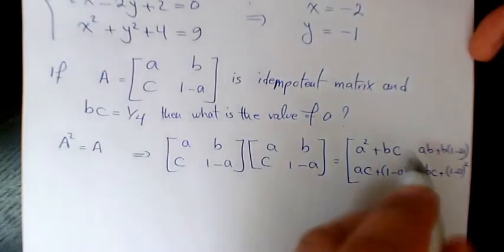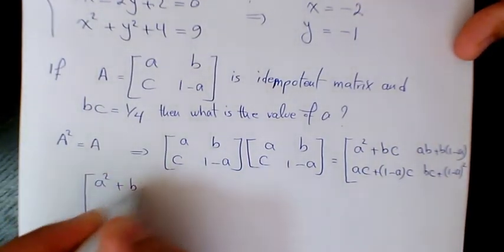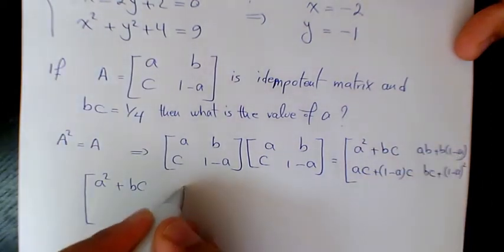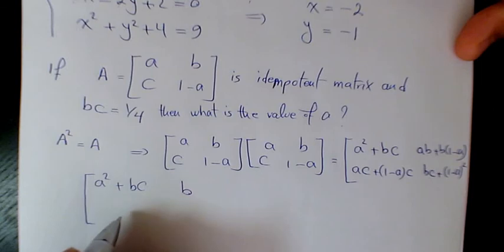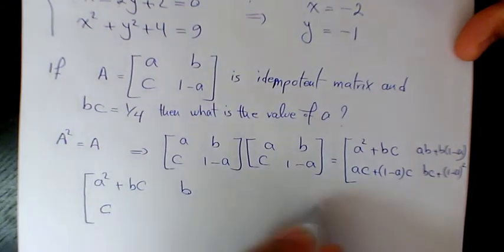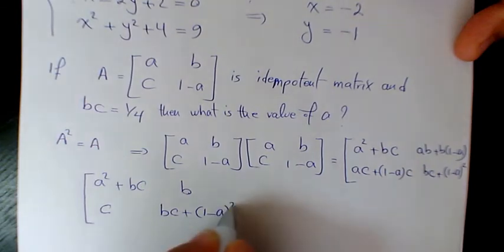Which when you simplify it, you have A squared plus BC, and here we have just B because these two cancel out. We have C in here, and here we have BC plus (1 minus A) squared.